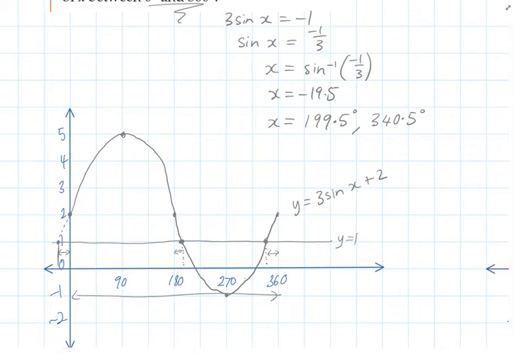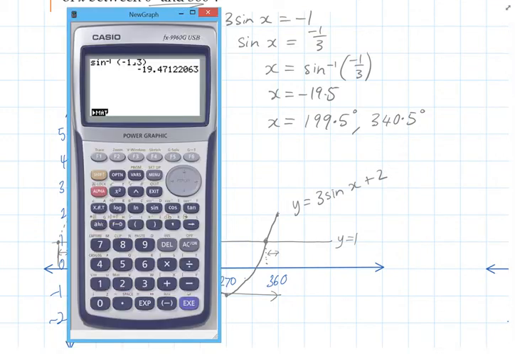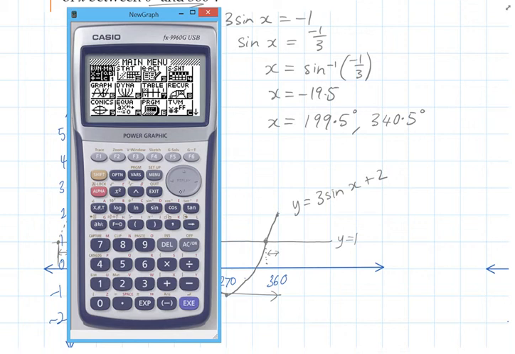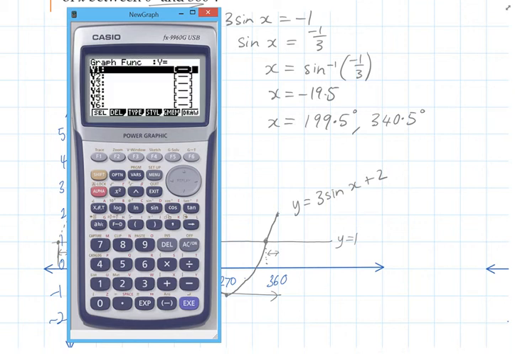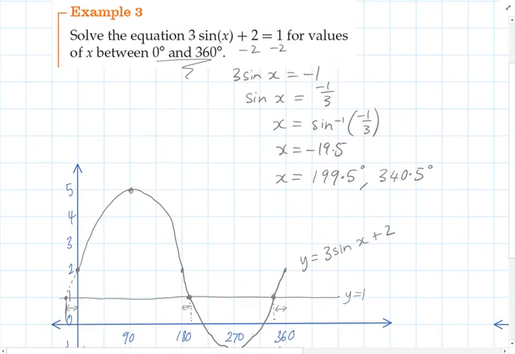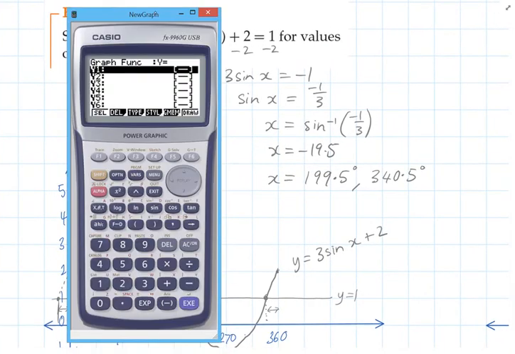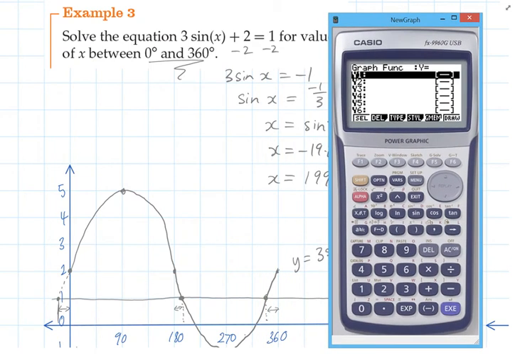Now that's not the only way you can solve it. You can actually use your calculator to graph and solve the intercepts as well. So let's have a look at how we could do that. So in one graph, I'll just bring up the example again. So in one graph we'll put the left hand side of the equation, which is 3 sine x plus 2, and for the other one we'll write 1, which is the right hand side of our equation.